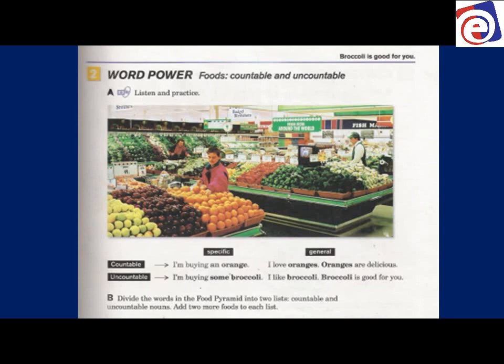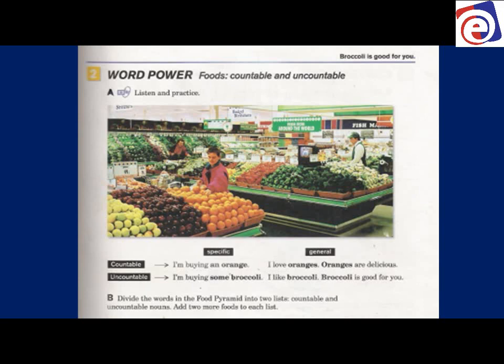Oranges are delicious. 1 orange, more than 1 is oranges. Say it, oranges. You have to put the Z on the end, oranges. And the S has the Z sound. It's not oranges with an S. S has 2 sounds. S, Z, oranges.